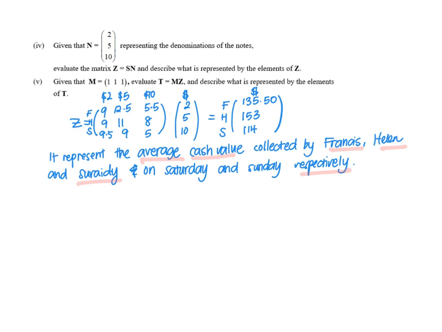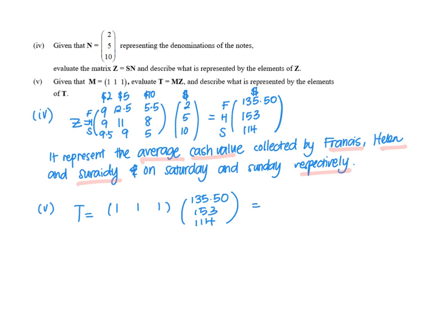Alright, let's take a look at the last part 5. Given that M is 1 1 1, evaluate T such that it will be 1 1 1 times the different cash values, 135.5, 153, 114. Now notice what happens if I were to multiply this out.